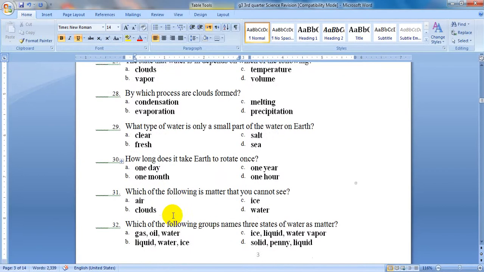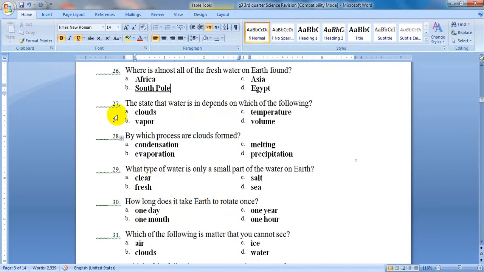The next question, question number 27. The state that water is in depends on which of the following? We have 3 states for water: solid, which is ice, liquid, which is the water which we use, and gas, which is the water vapor.